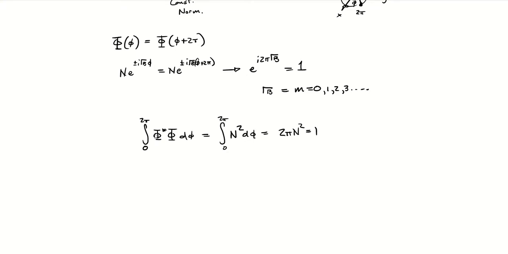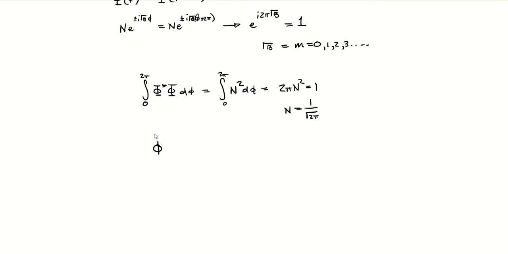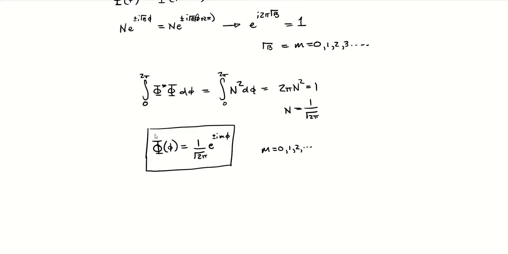So N is equal to 1 over root 2 pi, and we're essentially done. We've sorted out that our azimuthal function is 1 over root 2 pi times e to the plus or minus i m phi, where m is some integer 0, 1, 2, and so on.